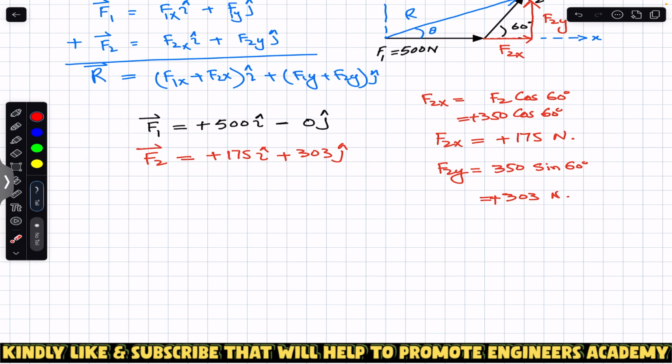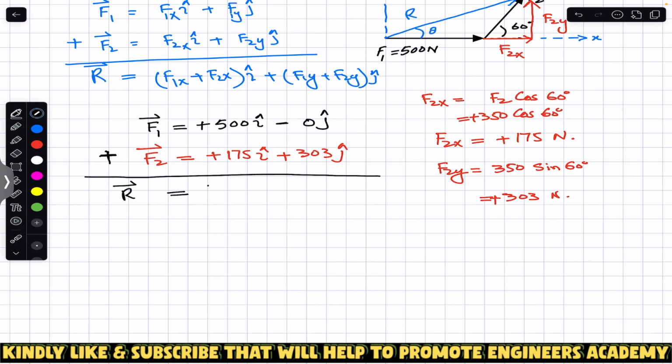And similarly, we need to add them. We need to add both of these vectors. So F1 plus F2 is obviously the resultant. Now we can add only i with i and j with j because this is vector addition.